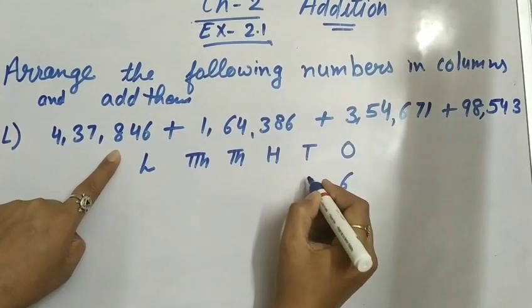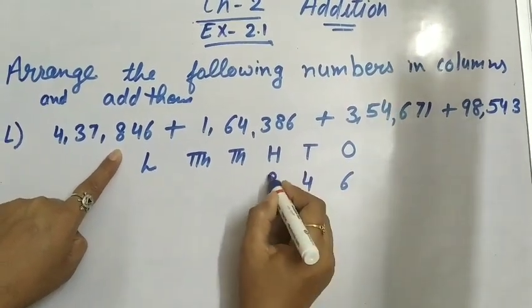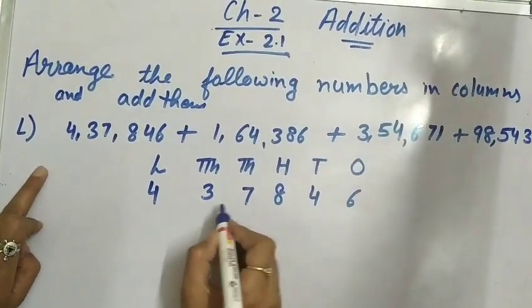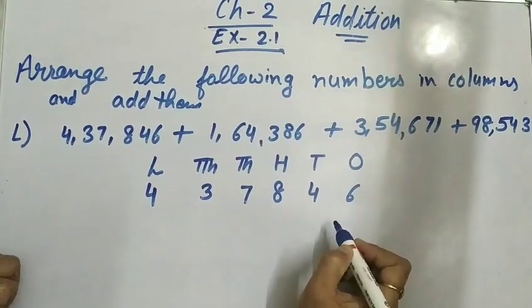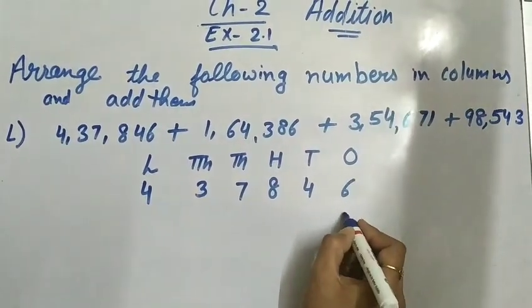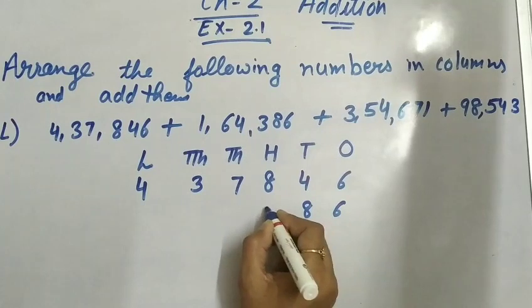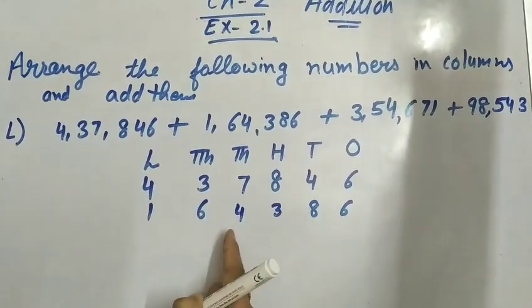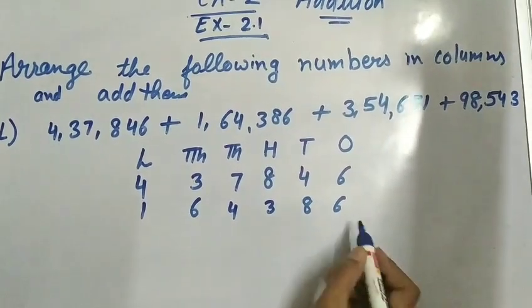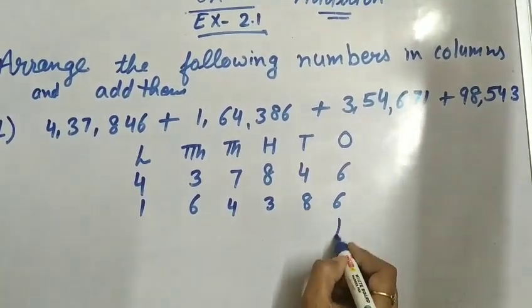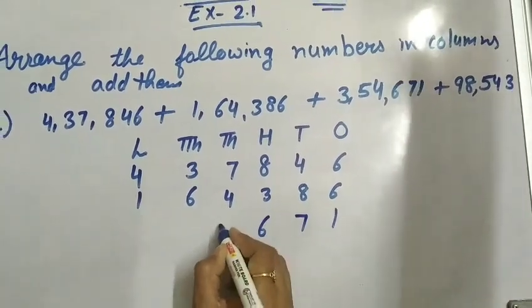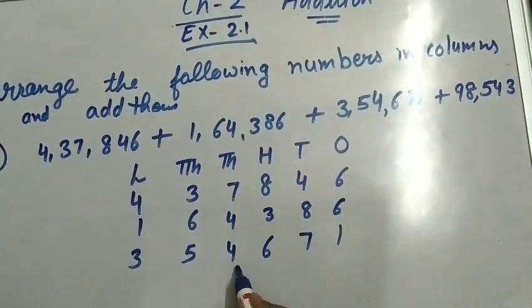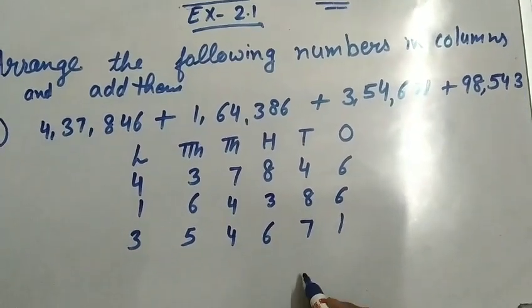Then see 6, 4, 8, 7, 3, 4. 4,37,846. Next is 6, 8, 3, 4, 6, 1. 1,64,386. Next is 1, 7, 6, 4, 5, 3. 3,54,671.